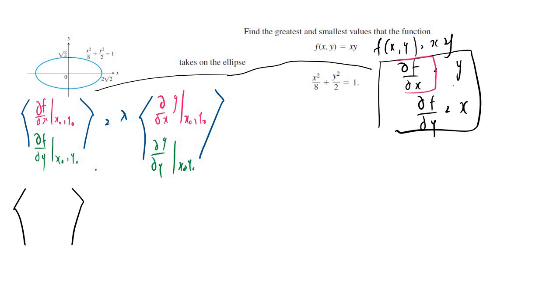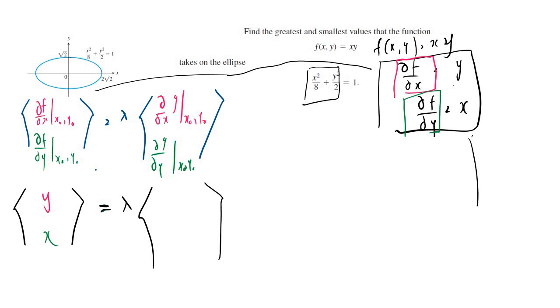Partial f with respect to x is y, and partial f with respect to y is x, and that is equal to lambda times the partial derivatives of g. We know g is equal to this part.